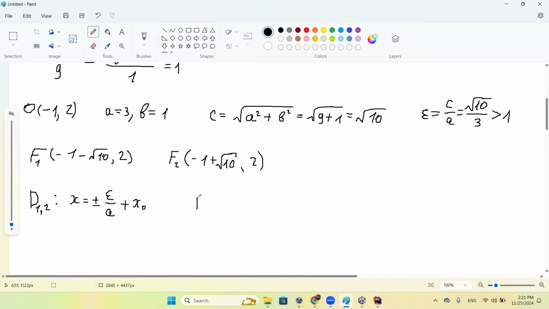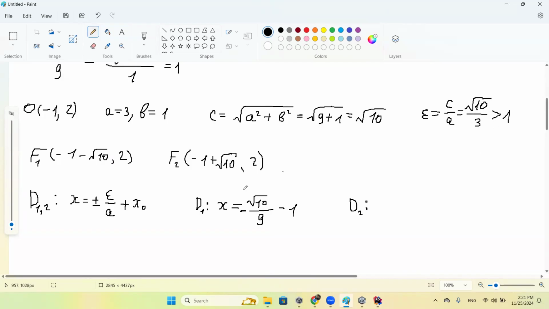So for directrix 1, x equals square root of 10 by 9 minus 1. And so minus here. And d2, but why by 9?